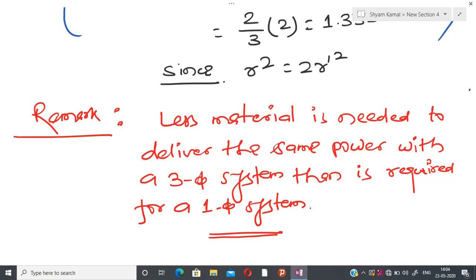In order to do that, we learned several transformations, and finally we talked about the three-phase network. In the three-phase network, what we observed is that the instantaneous power is constant, and the material requirement is also less if we want to deliver the same power.